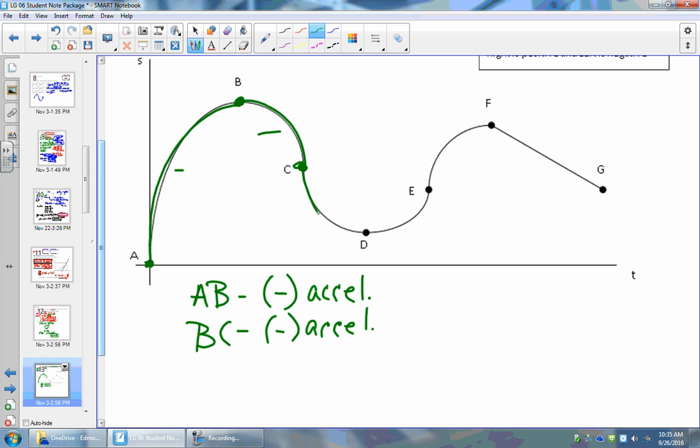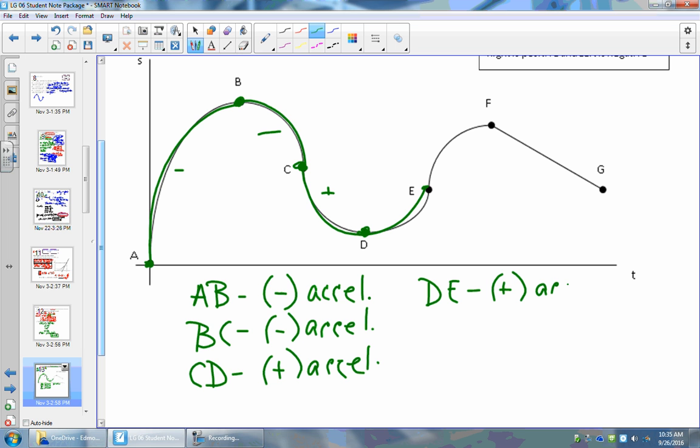From C to D, all of a sudden, my concavity is now becoming positive. So from C to D, I've got a positive acceleration. Same thing from D to E is going to be positive acceleration. From E to F, negative.